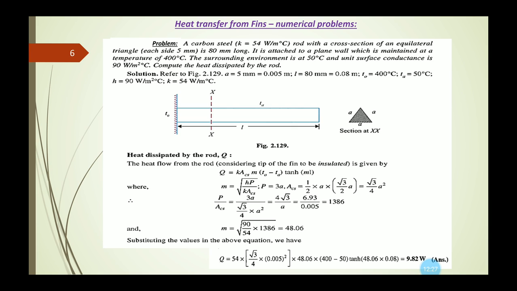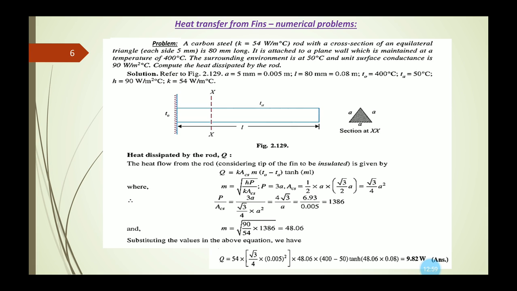T naught is 400 degrees centigrade, and the ambient temperature is 50 degrees centigrade. h and k, the convective heat transfer coefficient and thermal conductivity, are given as 90 watt per meter square degree centigrade and 54 watt per meter degree centigrade respectively. So these are the things given in this numerical. Now we need to calculate the heat dissipated by the rod, that is the fin heat transfer.